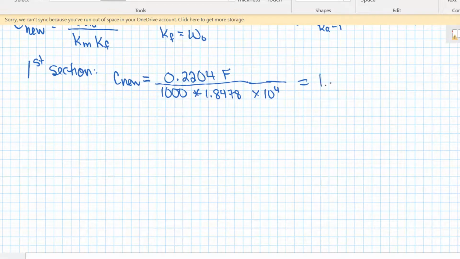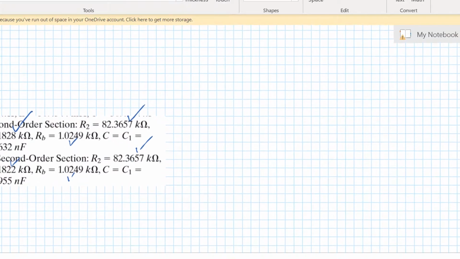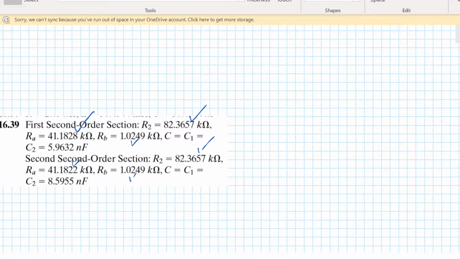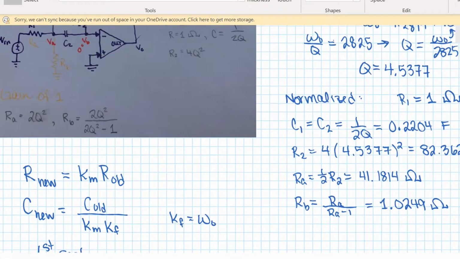And I get 1.1928 times 10 to the negative 8, which is 5.9632 nanofarads. But that's like half of the expected value, because when I was finding this, I just did 1 over Q. I didn't do 1 over 2Q.